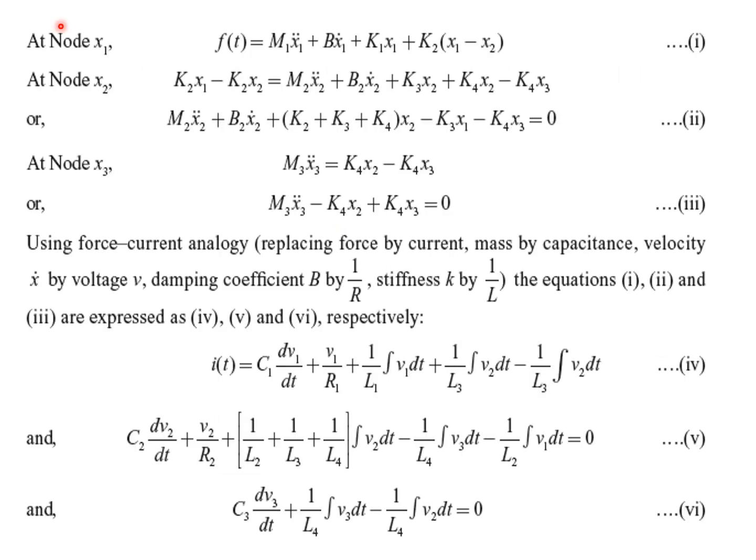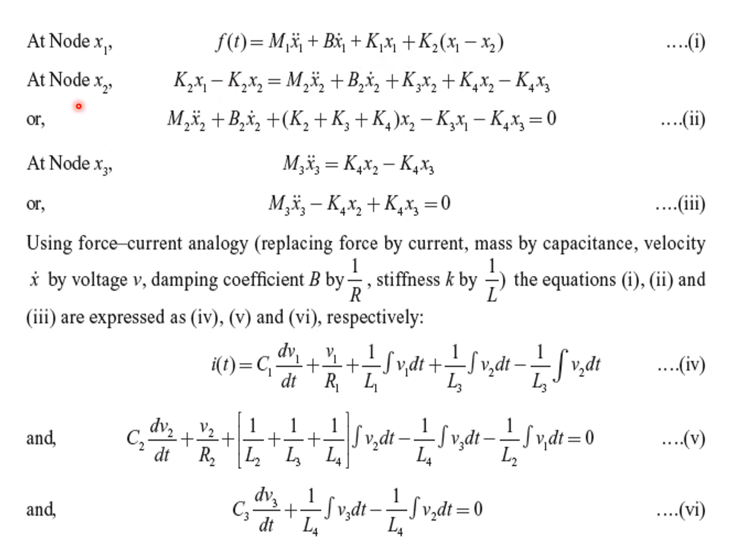Now coming to the equations, at node x1 we have f of t, the applied force, equal to m1 d square x1 by dt square plus b1 dx1 by dt plus k1 x1 plus k2 (x1 minus x2).